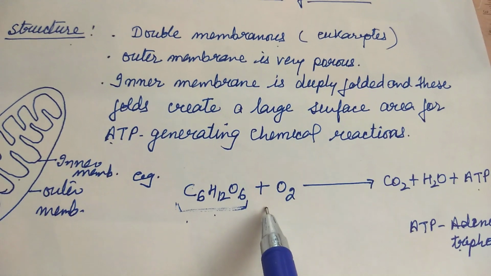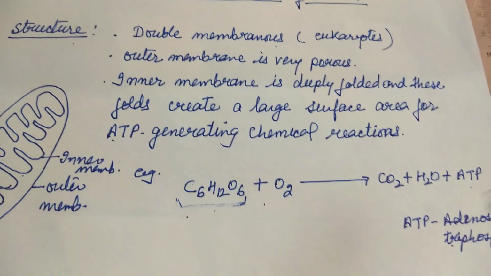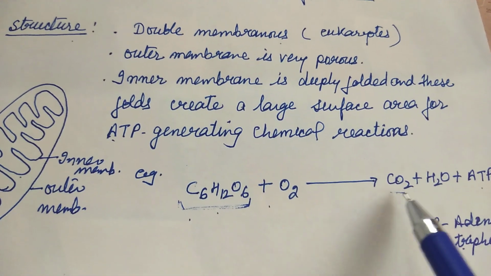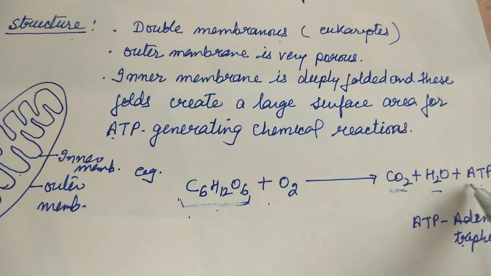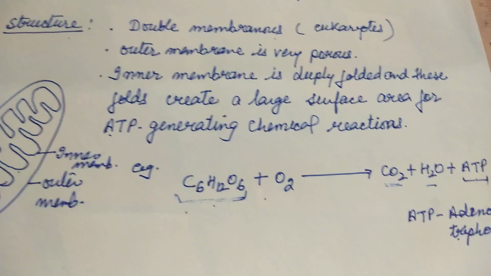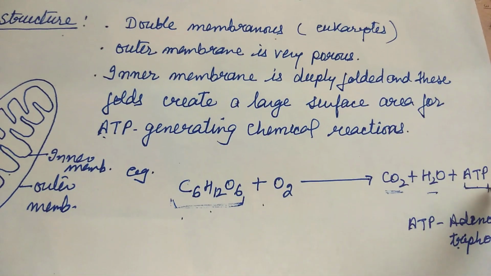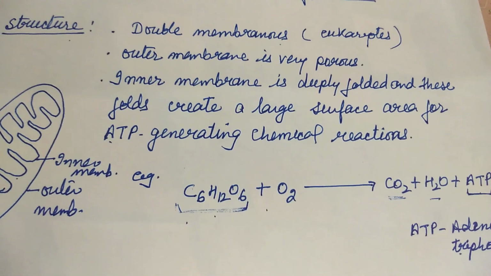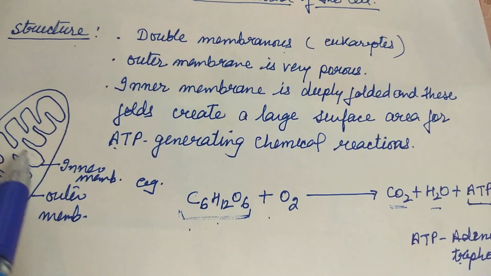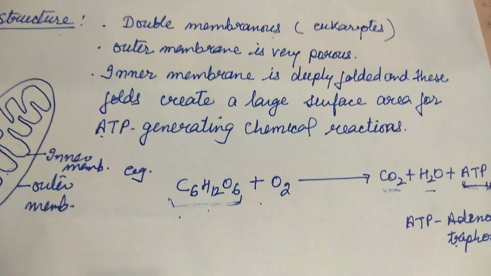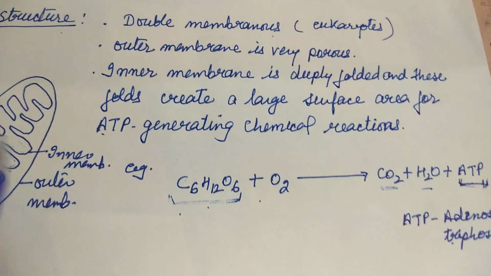Oxygen also enters the mitochondria, and here it breaks down, forming CO2, water, and this ATP. So this ATP generation reaction occurs in this inner membrane. And this ATP is synthesized in the mitochondria.